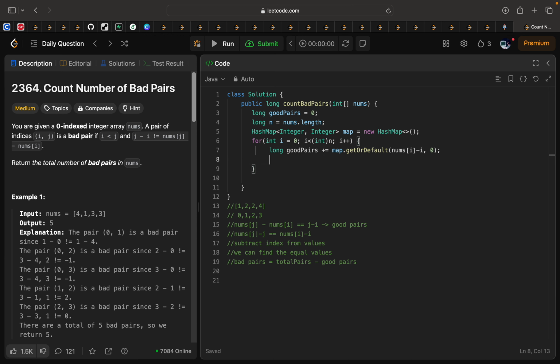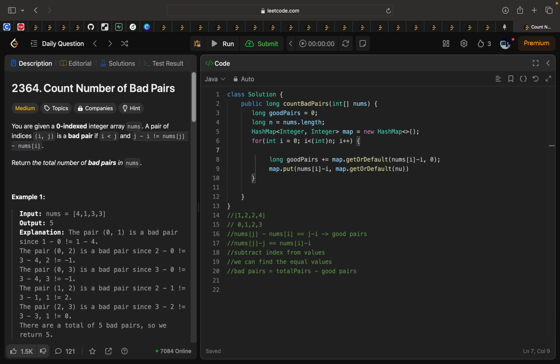And after that we will put that value into our map: map dot put nums of i minus i and map dot get or default.